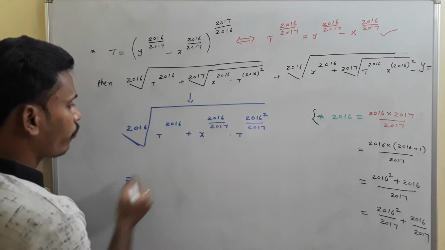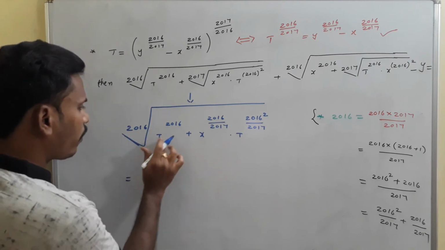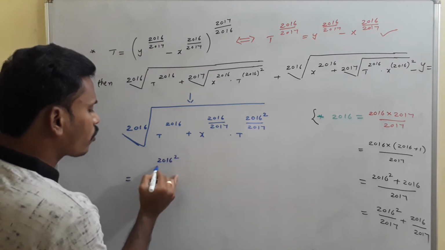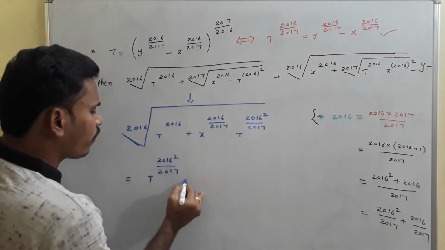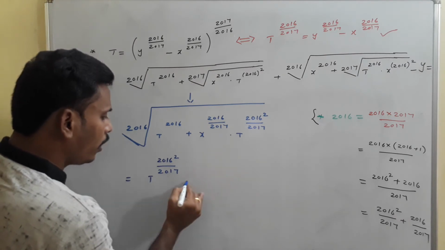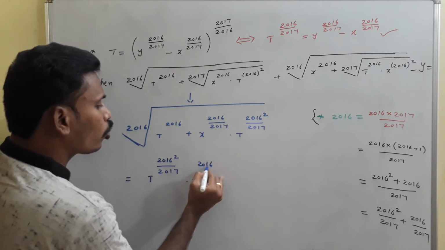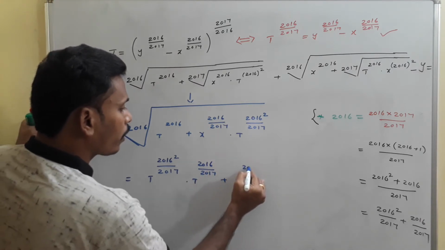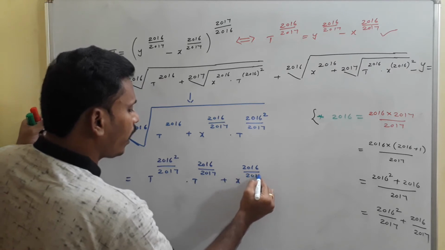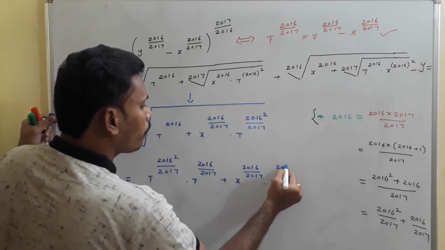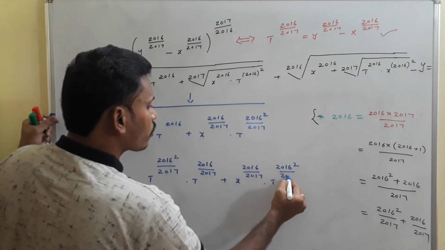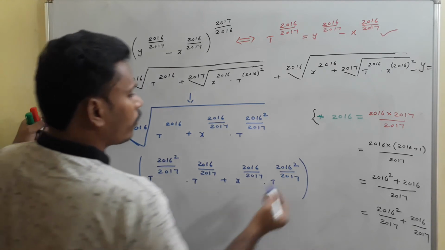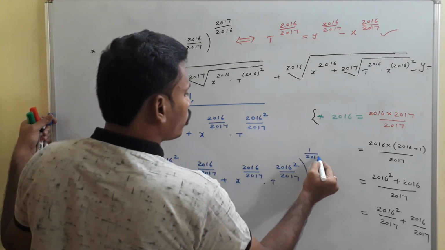So this t power 2016 can be written as, I am rewriting this term: t power 2016 square by 2017 into t power 2016 by 2017, plus x power 2016 by 2017 into t power 2016 square by 2017, and this whole to the power 1 by 2016.